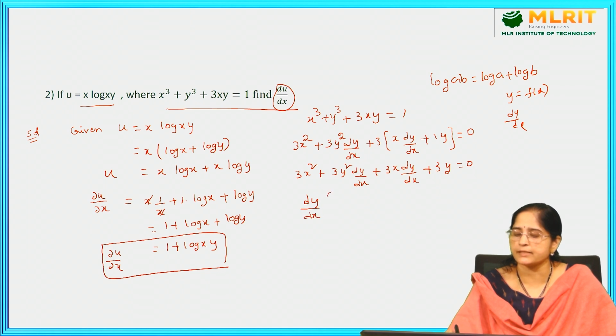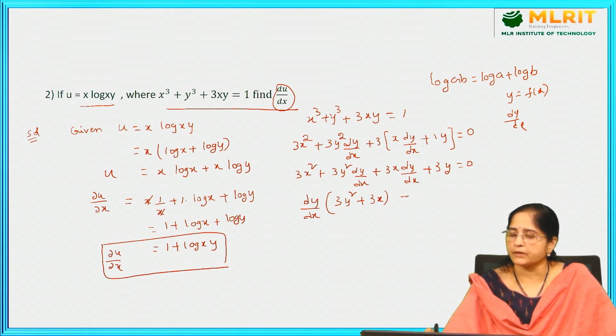If you take it common, we are getting 3y square plus 3x equal to, the remaining value we can take to the right hand side, that is minus 3x square minus 3y. Here is 3y square and here is also 3x. We can take 3 common. We are getting 3 into (y square plus x).